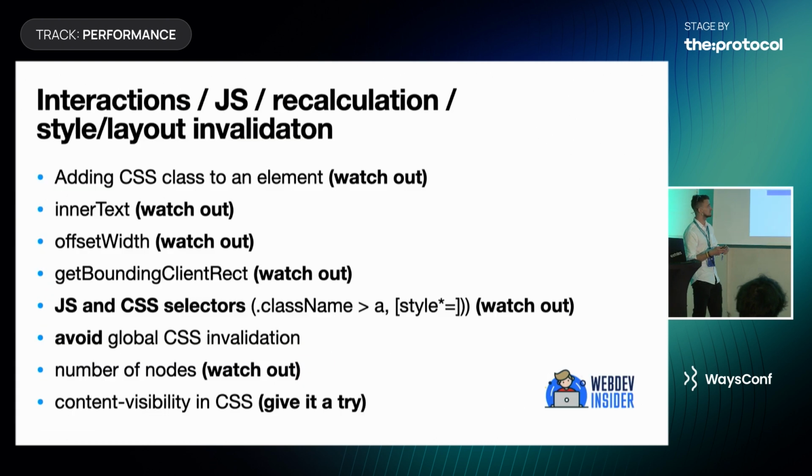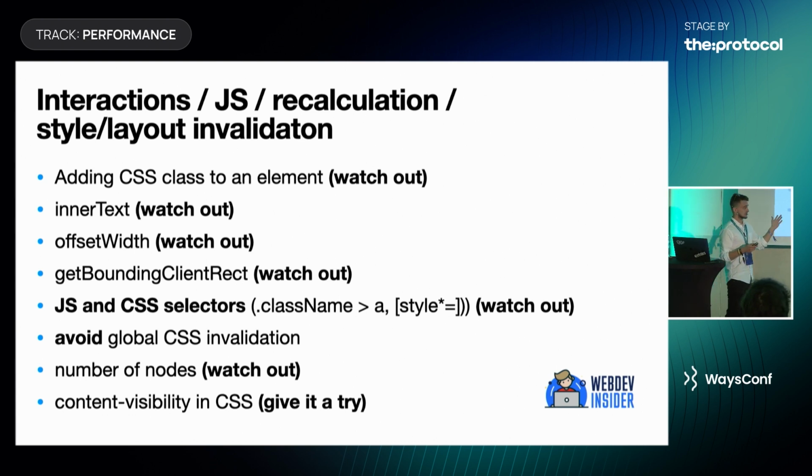Maybe that's the answer. So basically, we covered the interactions, JavaScript, recalculation, style, layout, and invalidation topics. I would like you to remember that adding one CSS class doesn't mean that it always affects just one element, so record the interaction because it's really important. If you use JavaScript functions like innerText, offsetWidth, getBoundingClientRect, so basically everything that forces the browser to calculate something, that's a really expensive operation, so make sure that you use it safely.